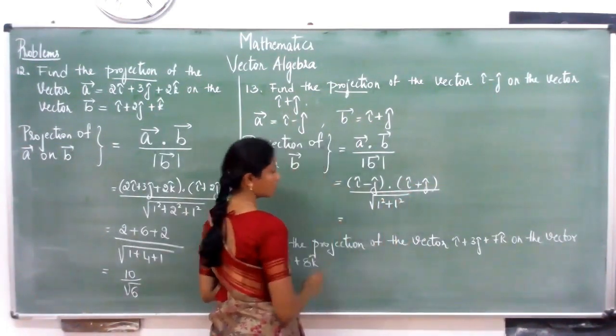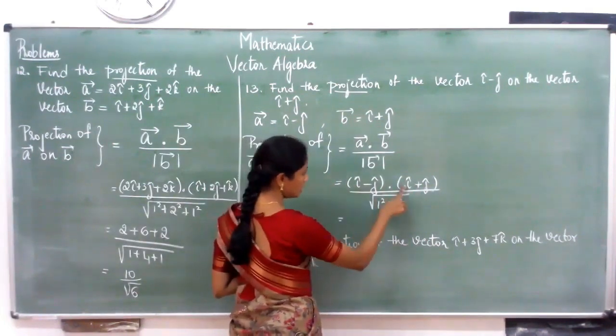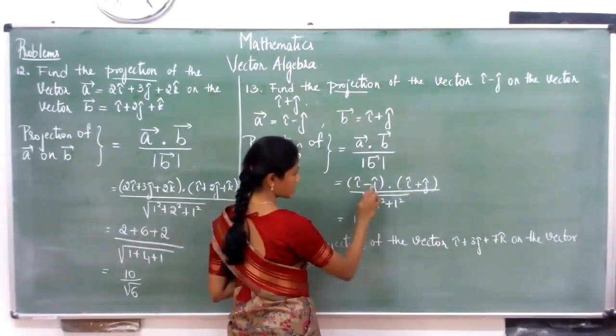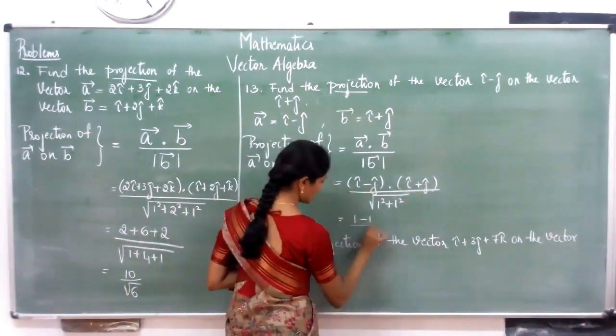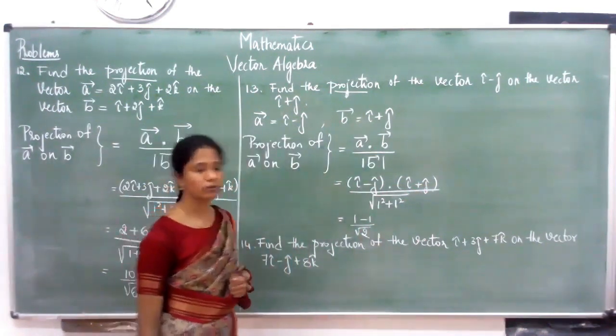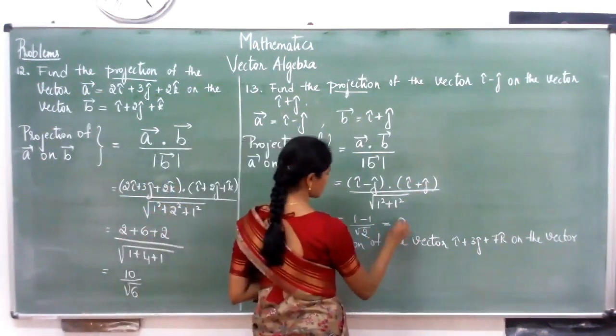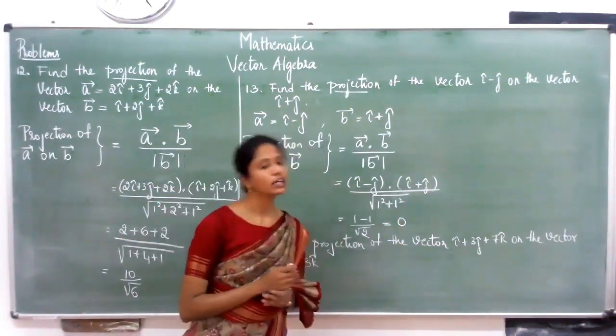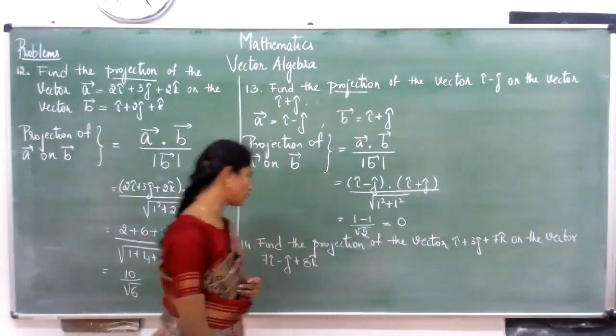When I find the dot product, 1 into 1 is 1, then minus 1 into 1 is minus 1, divided by root 2. In the numerator you have 1 minus 1 which is 0. 0 divided by anything is 0. So the projection here is equal to 0.